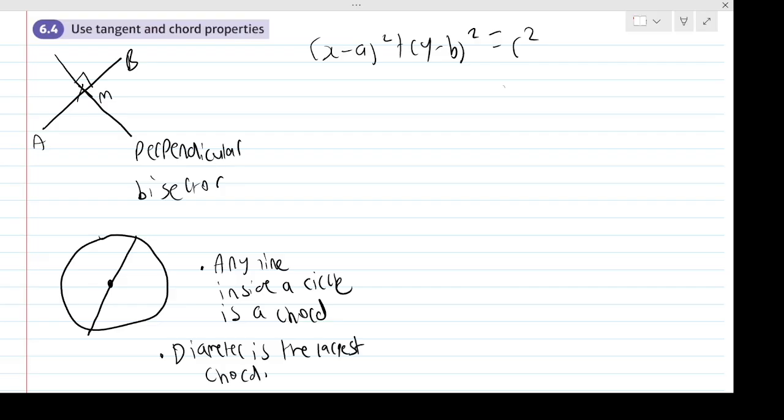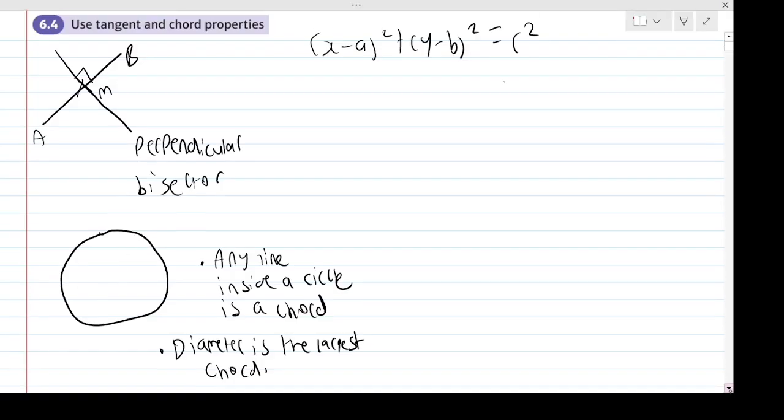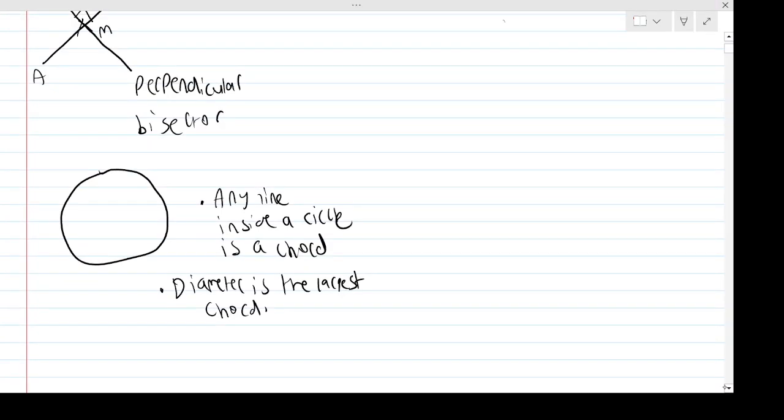And the fact we will be using again, which we used last time earlier on in the chapter, and why we're talking about bisectors, is because if we have any chord whatsoever, the perpendicular bisector, if we draw it to the chord, will always pass through the centre. And obviously what that means is if we continue the bisector through the whole circle, it must be a diameter.